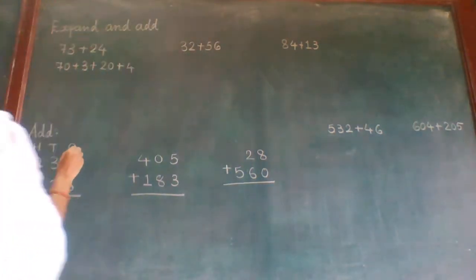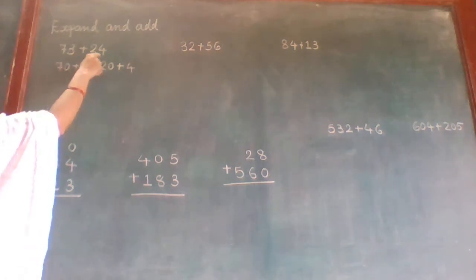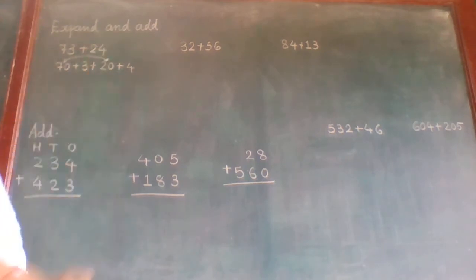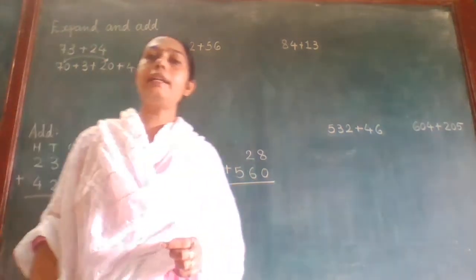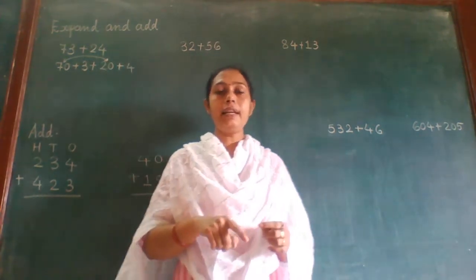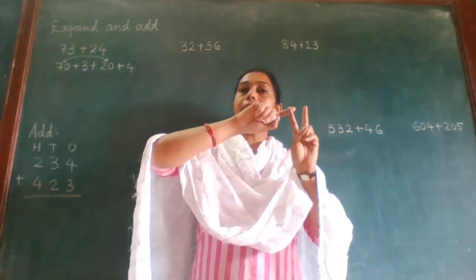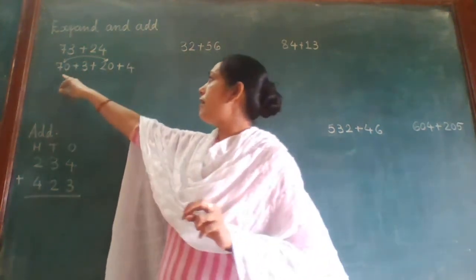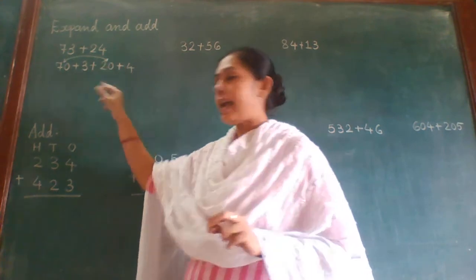Now first of all we add the tens place. 70 plus 20. We add 20 to 70. 70, we add 10, we get 80 and 90. So 70 plus 20 is 90.